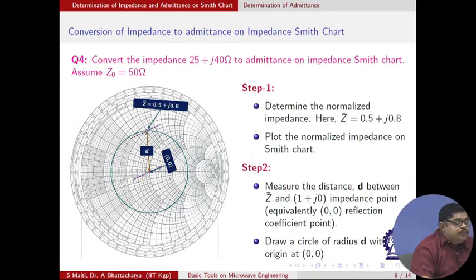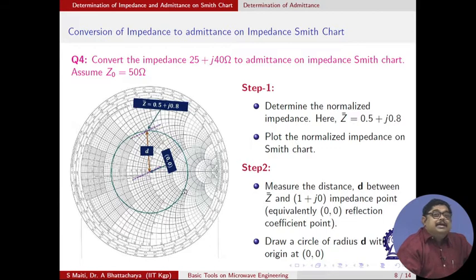Now, to convert it to admittance, what we need to do is from this point connect to the center of the chart, and with this radius and center draw a circle.